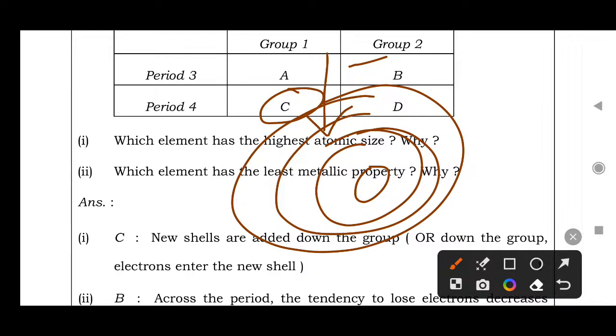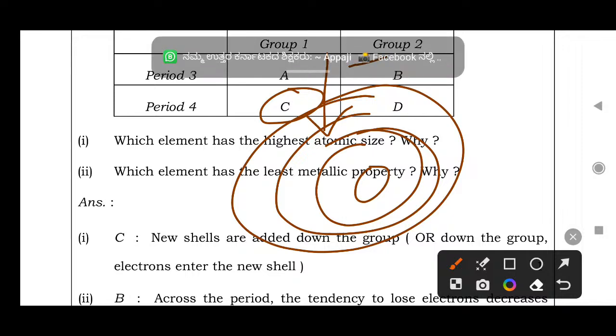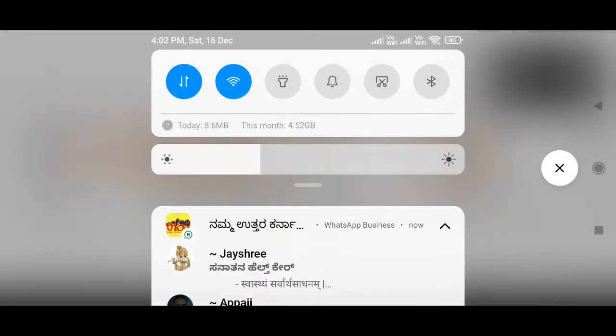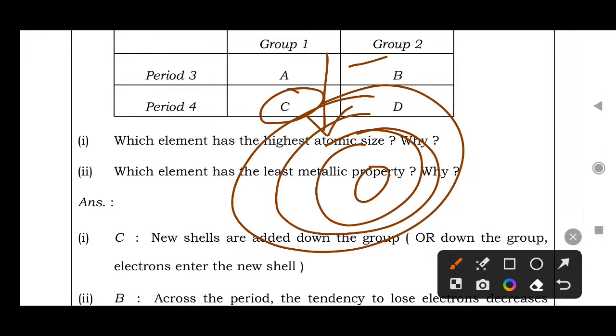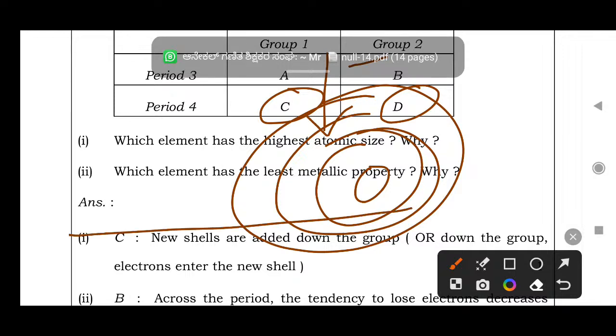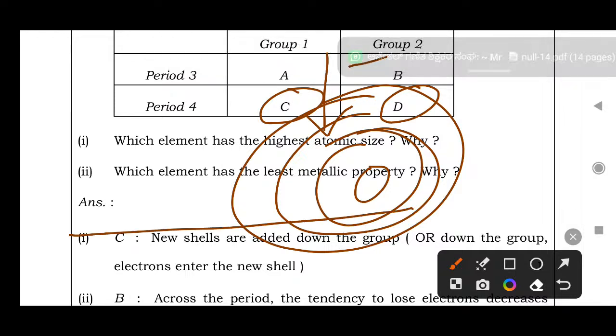Then, what question arises in your mind? Why not D, sir? Because that is also present in the same period. Both have the same shells, but whenever we go from left to right, the number of electrons increases.